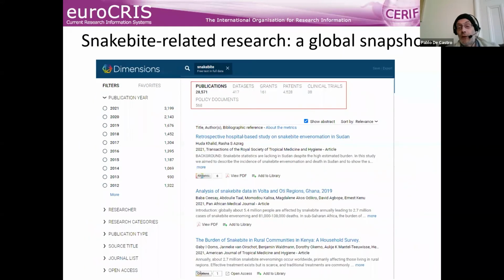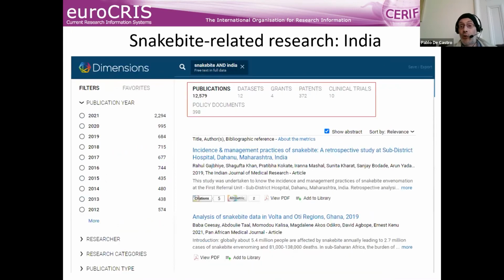Whereas for grants, we had 161 funded projects around snake bites, and only 4 of them seem to be coming from India. I cannot click on that because it's part of the application that is not available for free. You need to have a subscription, and I don't have one. But the data there are accurate.